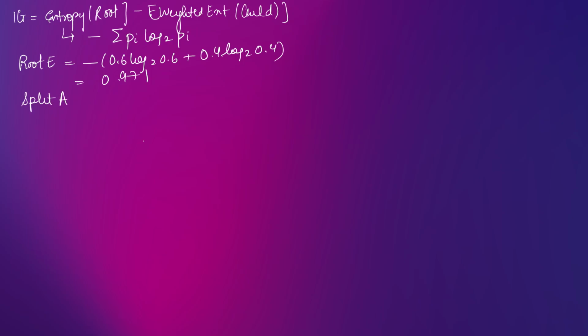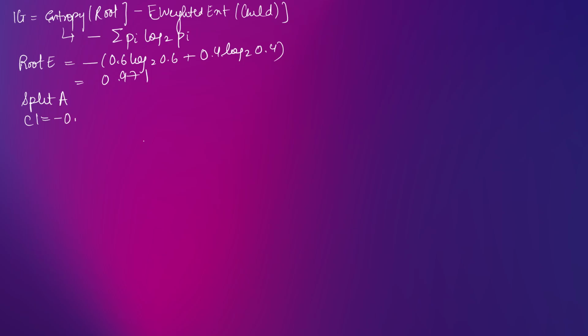So first let's calculate for the root. Root entropy is equal to minus (0.6 log2 0.6 plus 0.4 log2 0.4). This comes out to be 0.971. Now for split A and B, similarly like we did earlier, we'll calculate first for split A and then for split B.